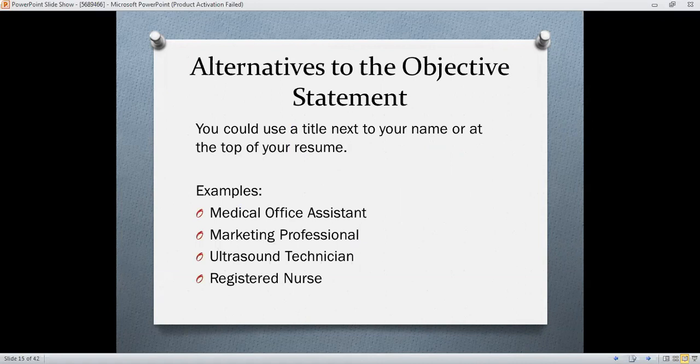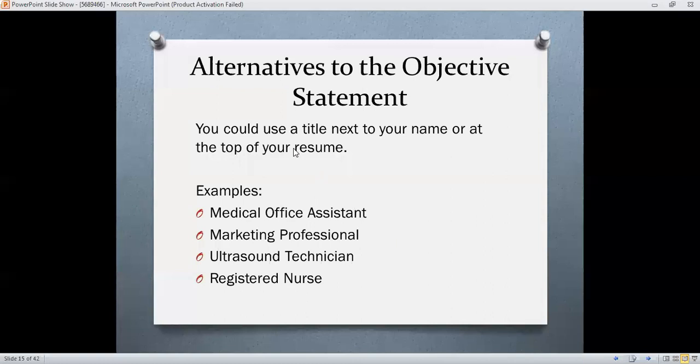Okay, what is the alternative to the objective statement? You can use a title next to your name or at the top of your resume. For example, medical office assistant, marketing professional, ultrasound technician, registered nurse, software engineer, game developer, web designer, cloud computing engineer, okay, like that.